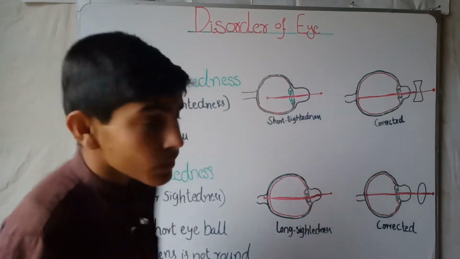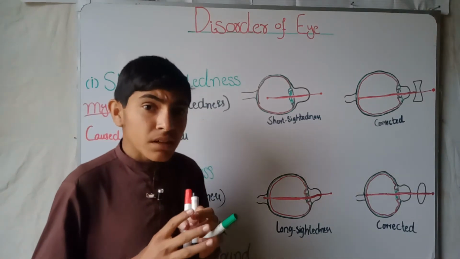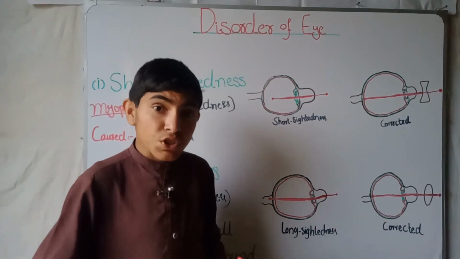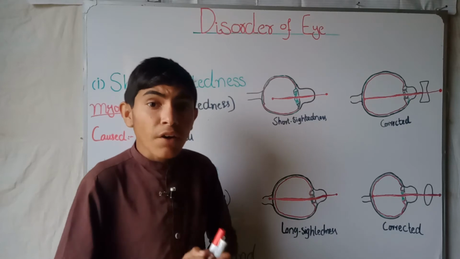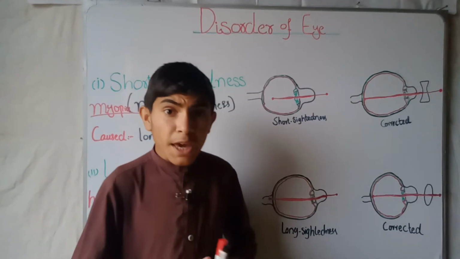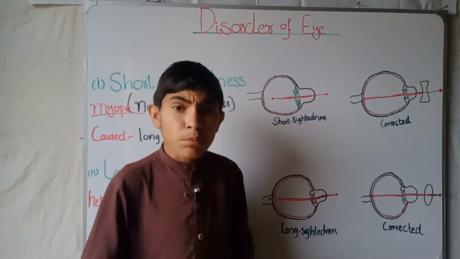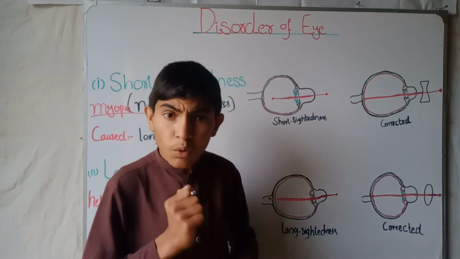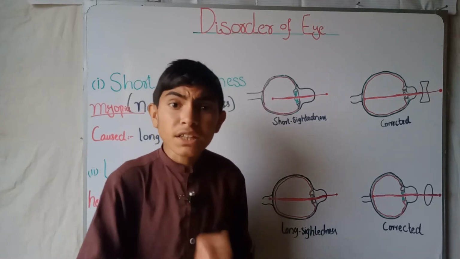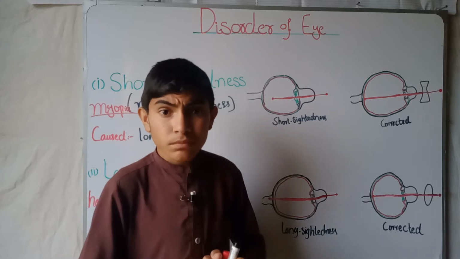So let's begin. Actually, the eye is a complex photoreceptor which sends a lot of information to our central nervous system. And if there is some disorder in our eye, this information cannot reach our central nervous system and causes some disease in our body.